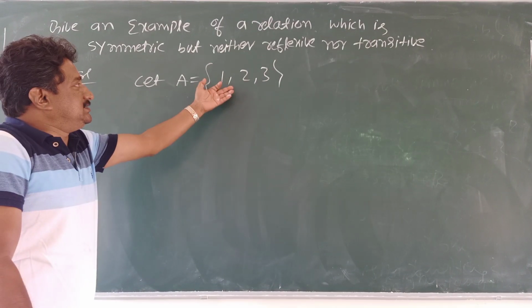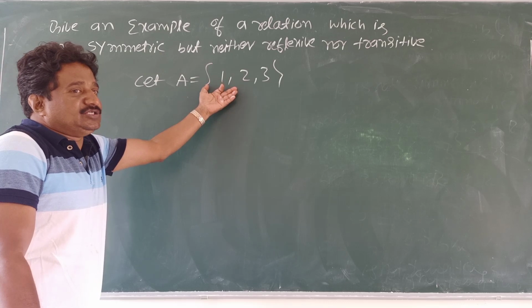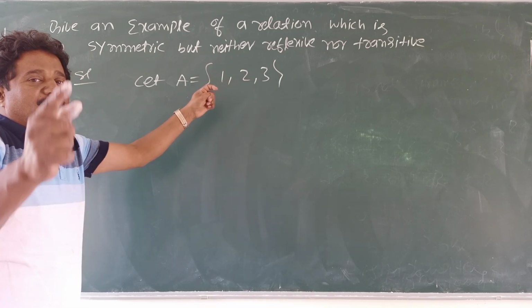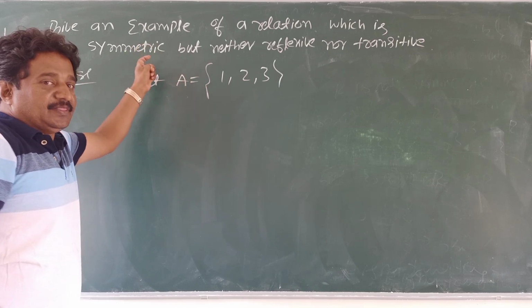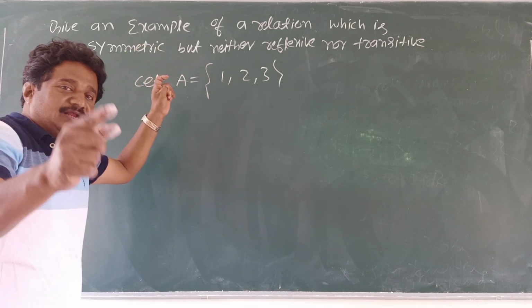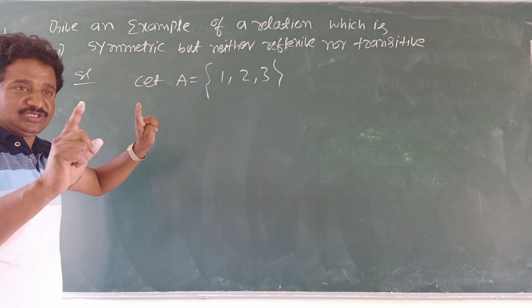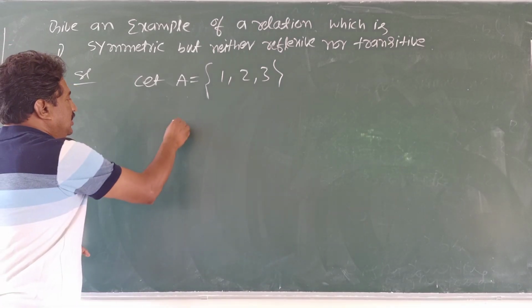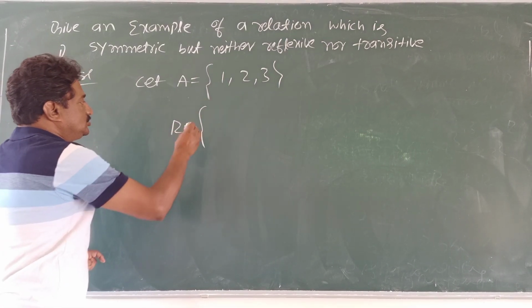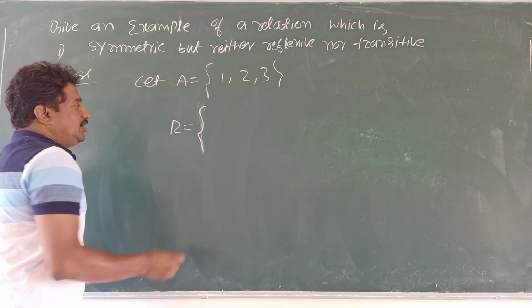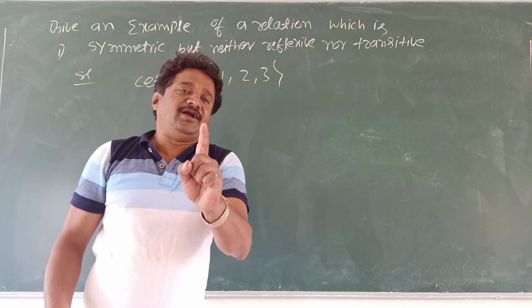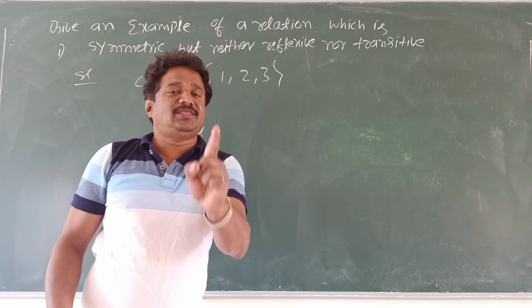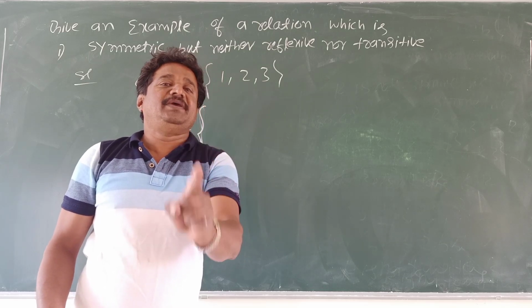Now let us write the required relation. What type of relation is required for us? Symmetric. Now I go for writing a symmetric relation. Students, a relation is symmetric if it contains both AB and BA.